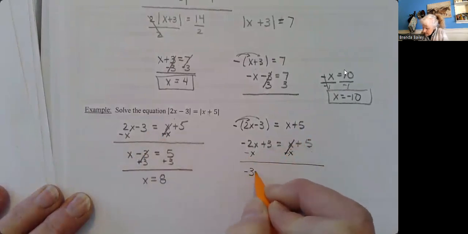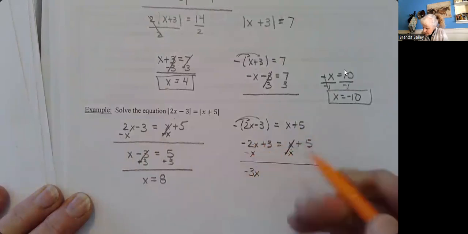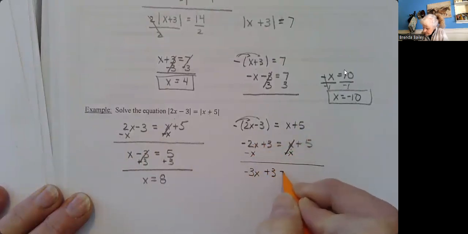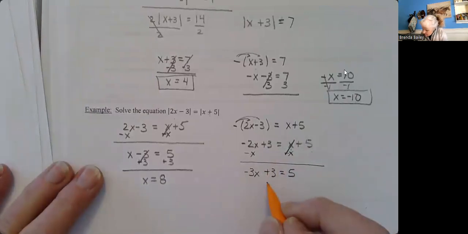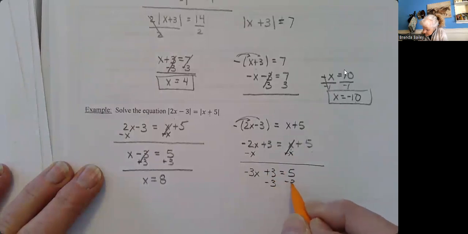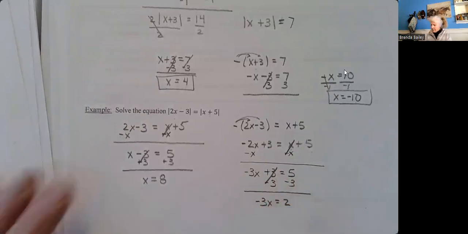Minus 3x, negative 2 and negative 1. And also when you have inequalities, I always move everything to the left with an inequality. But here, you're going to get the same answer. Subtract 3. Okay, I'm going to get a fraction.